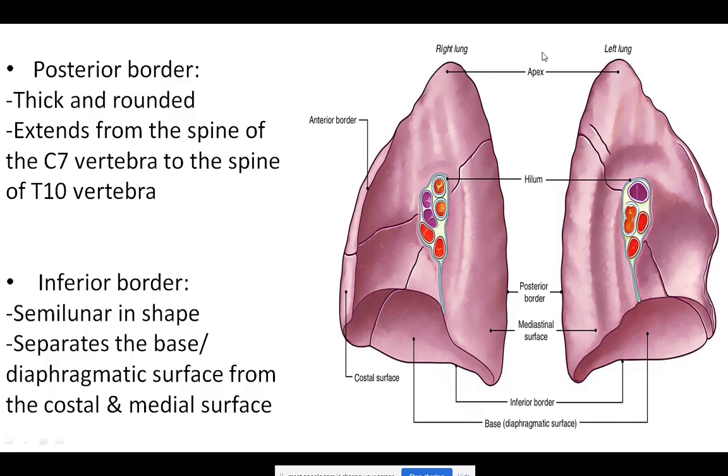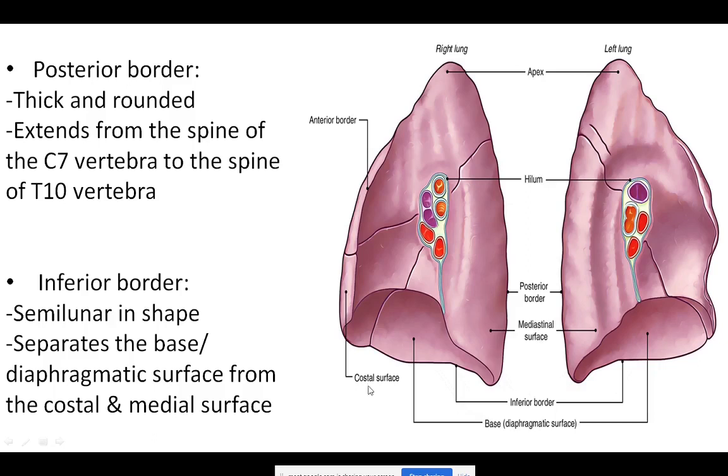Just imagine at this level where the posterior border of the lung begins, we have the C7 vertebra. At the lower portion of the posterior border, we have T10. So this means that the posterior border of the lung extends from the C7 vertebra to the T10 vertebra of the spine.